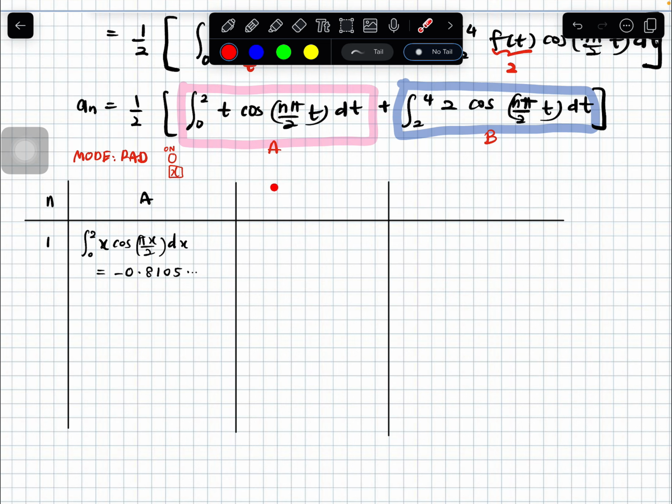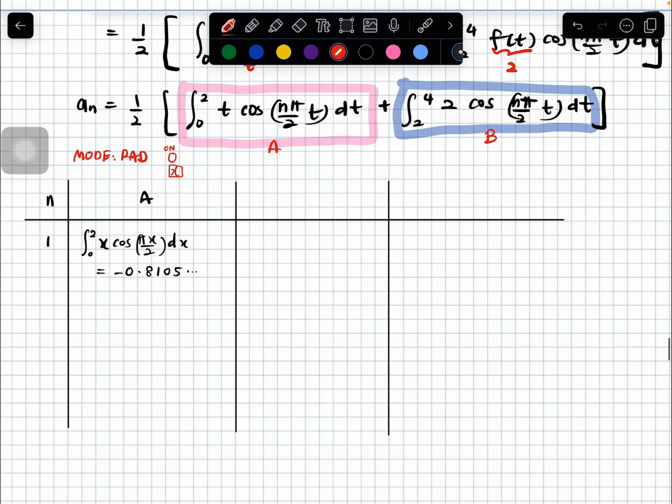Means that you have a 1 over pi outside of the answer. So let's try to put in the answer 1 over pi.